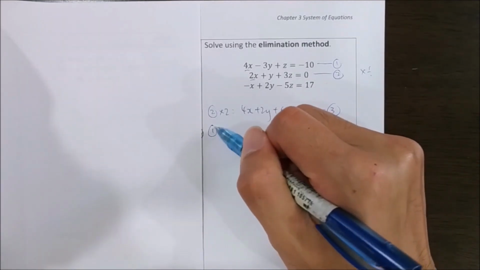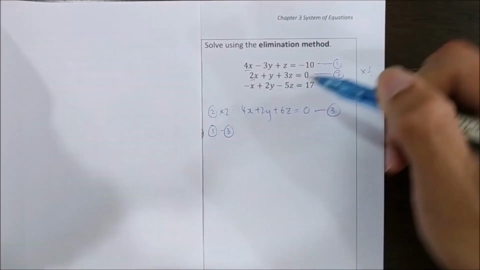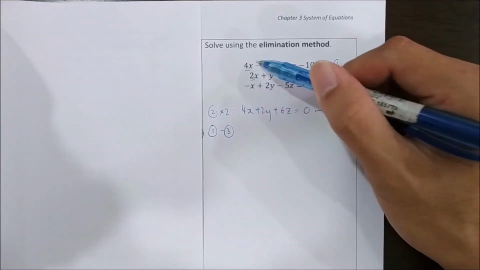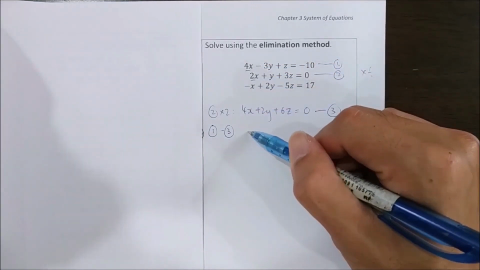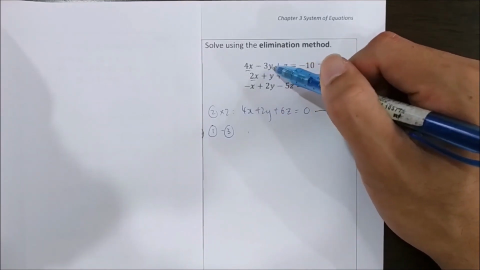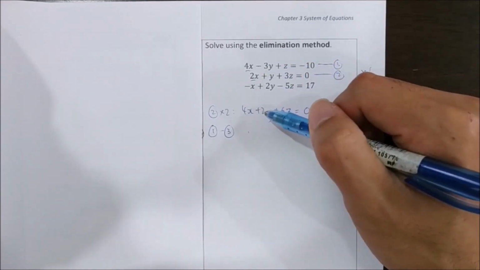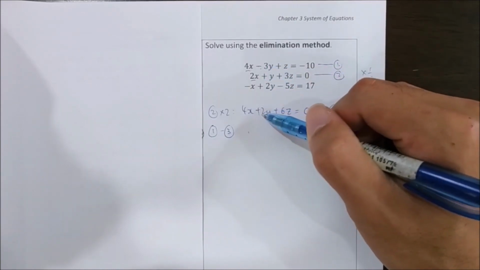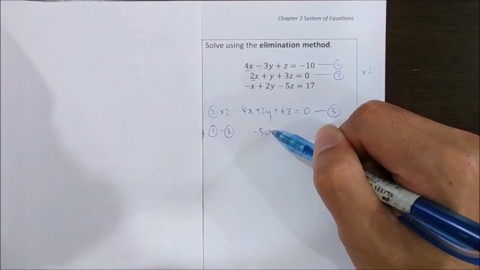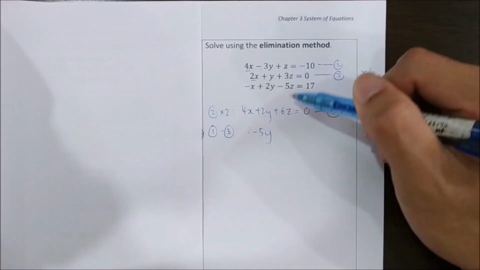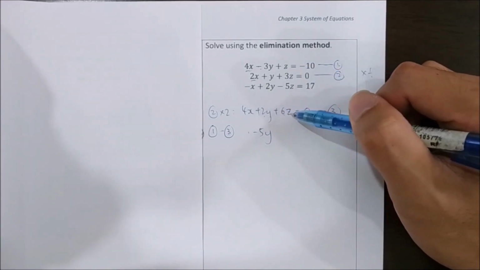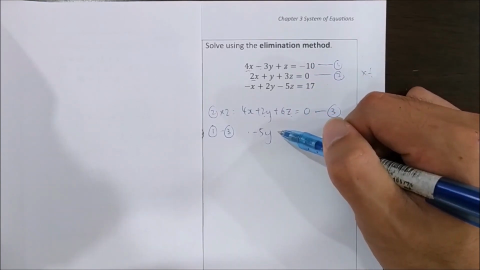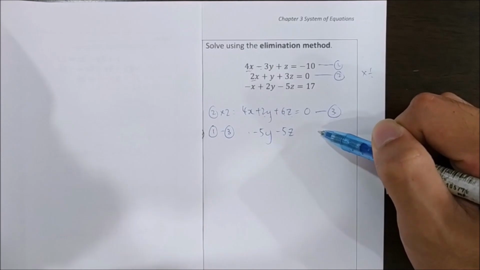So we can get rid of 4x by equation 1 minus equation 3. 4x will minus 4x, and you get 0. Negative 3y will minus with positive 2y. So you just write negative 5y. Positive z minus positive 6z, you will get negative 5z.